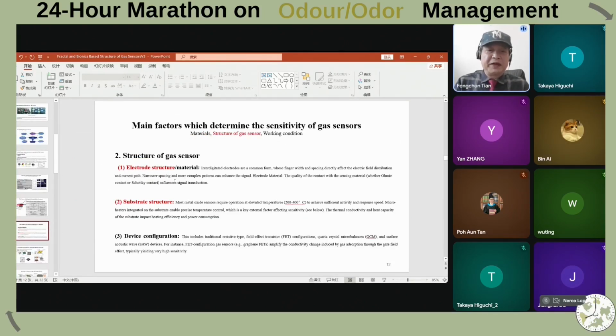So the second factor which influences the sensitivity of the gas sensor is the structure of gas sensor, which includes electrode structure and its material, the substrate structure, and the device configuration. So my topic will be focused on the first two issues.